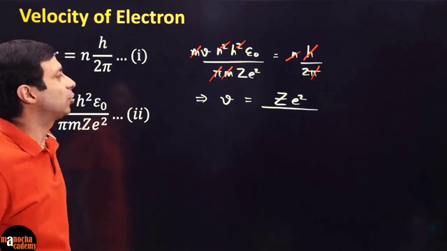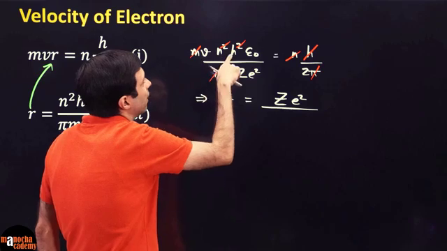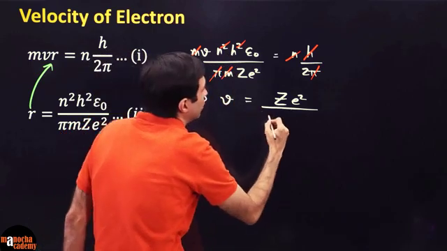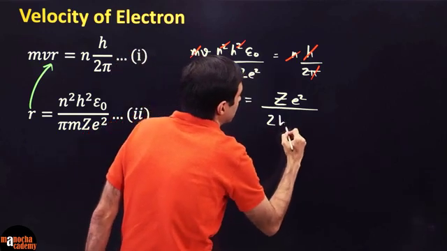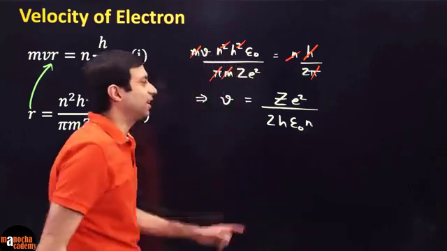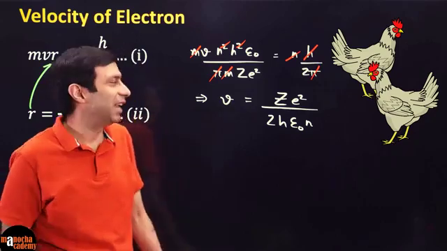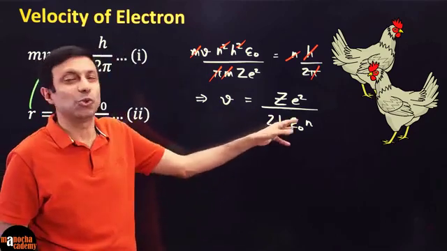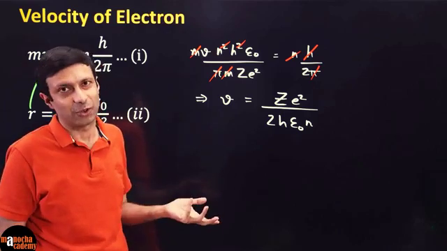So ze square divided by, we have a 2 times this h epsilon naught n. I like to write it like this, H-E-N, so you can remember 2 hen, right, the animal hen. So Z square by 2 hen is what we have here. This is the expression for velocity of an electron.